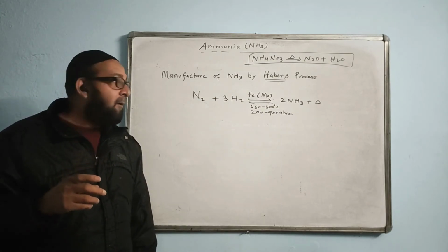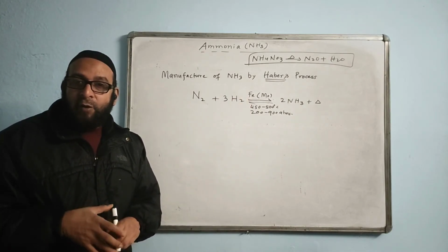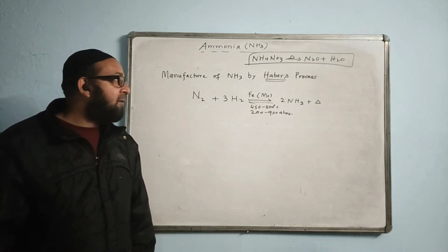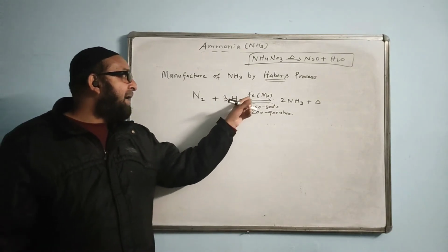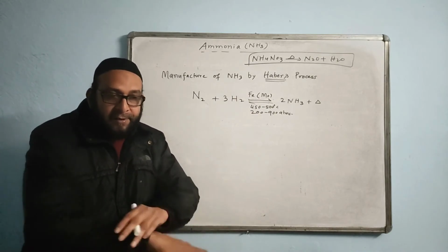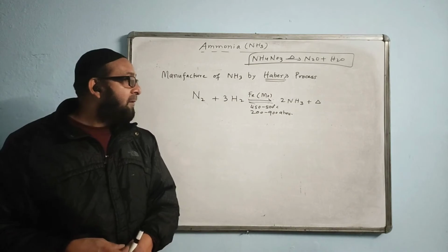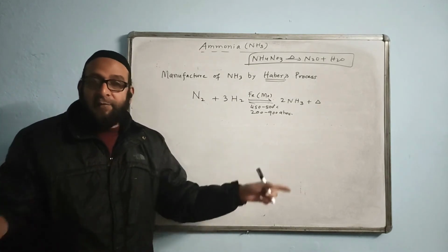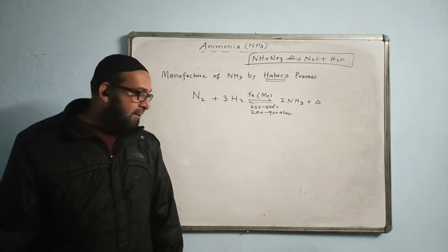There is a reason why we take iron in the finely divided form, in fine powder form. Why do we use it? Because when we sprinkle iron in powder form, it will cover a larger surface and will speed up the reactions over a larger surface, and we get a greater quantity of ammonia formed.